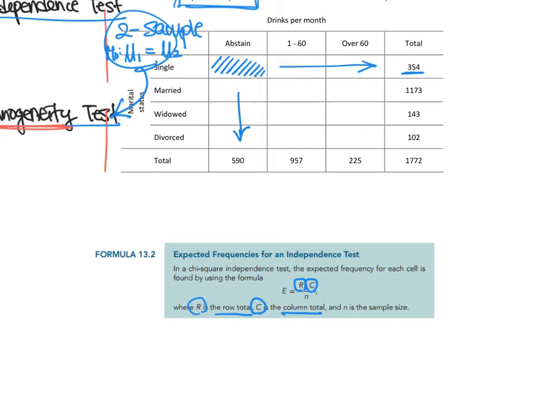So that will be 354 times 5 is 90, then divided by the sample size, which is 1772. When I take another one, if I want to get this expected count, then I take the capital R, the subtotal, and another capital C, the subtotal.